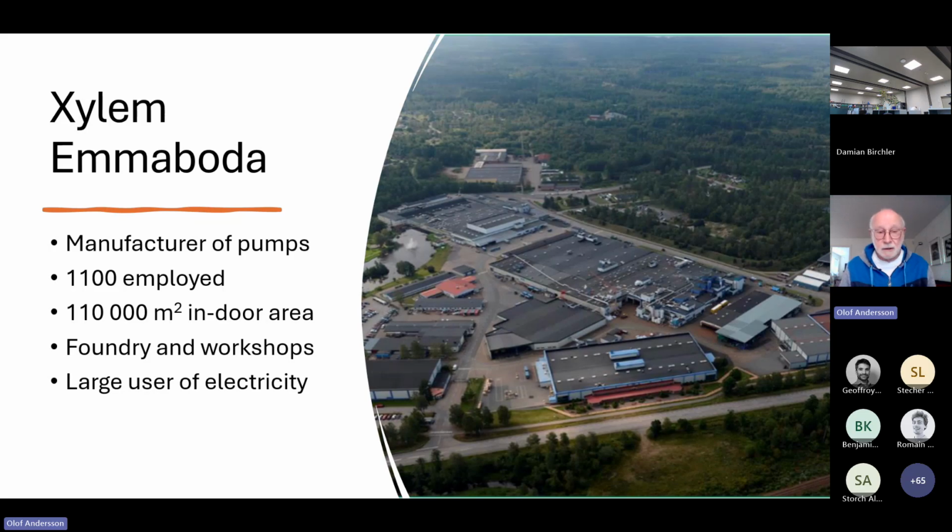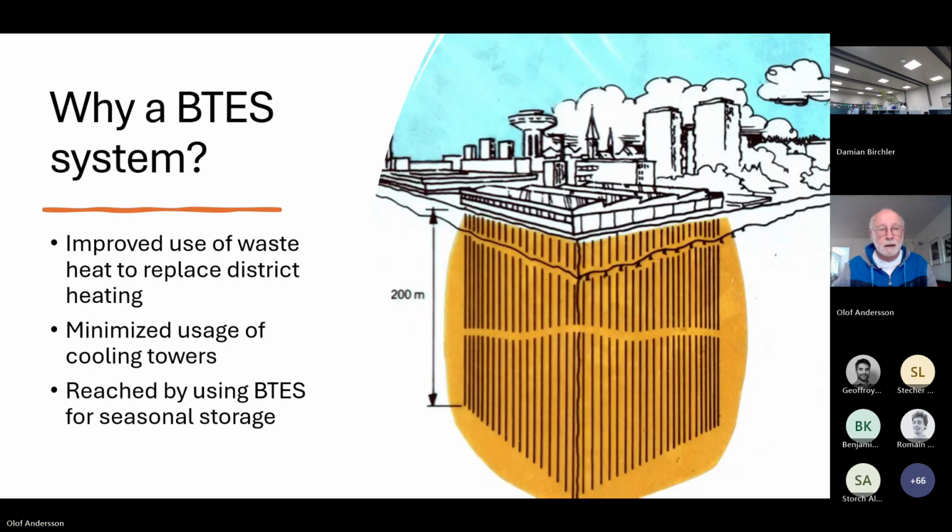It contains a foundry and several workshops, and especially for the foundry, they use a lot of electricity. Hence, they are also producing a lot of waste heat. I'm sorry, I've caught a cold, so my voice is not that brilliant today.